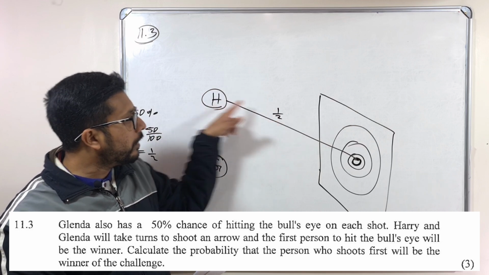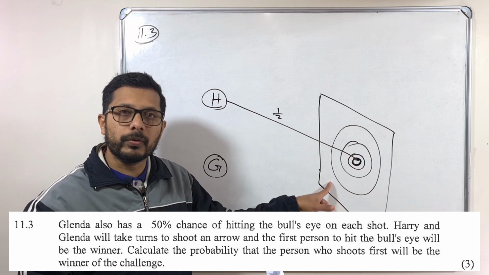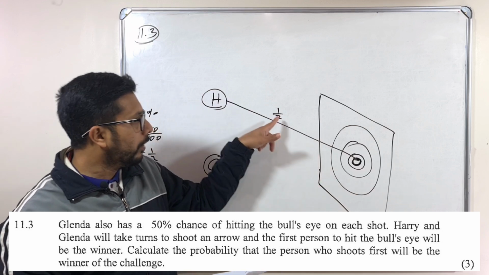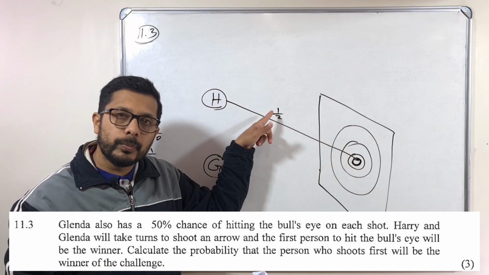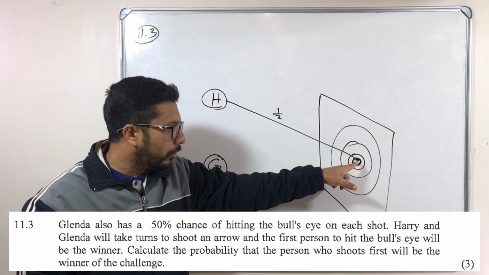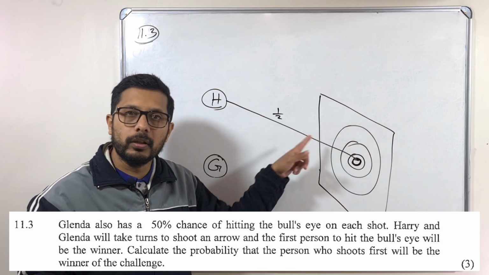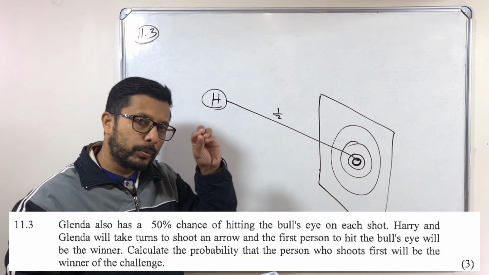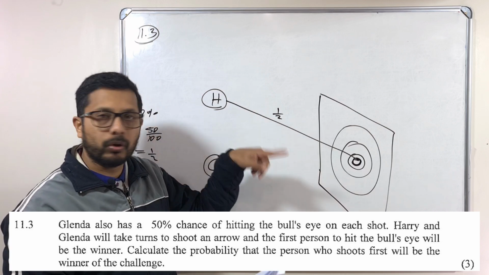What about Harry hitting somewhere else on the board? That is also 1 over 2. Am I right? The probability of hitting the bullseye is 1 over 2, which means half of the chance is on the bullseye, so the remaining half is somewhere else on the board. The probability of not hitting the bullseye is another 1 over 2.